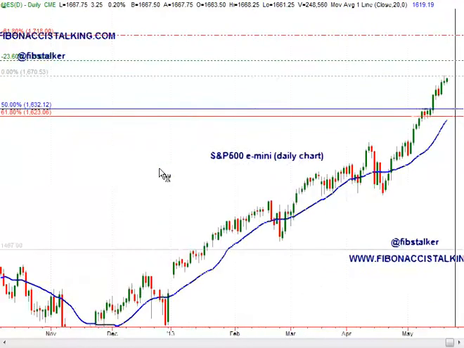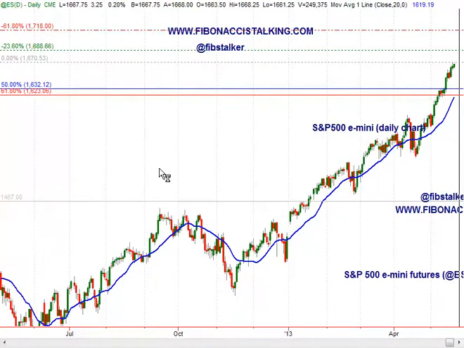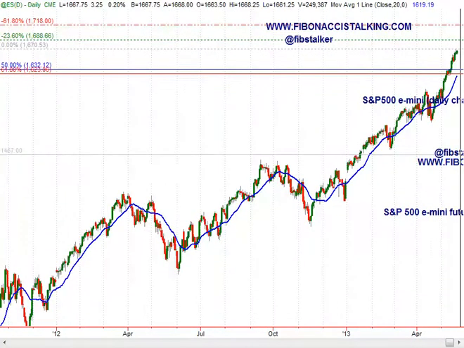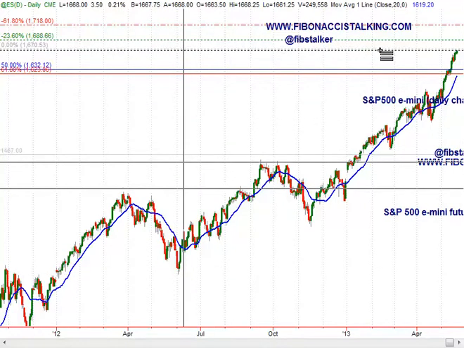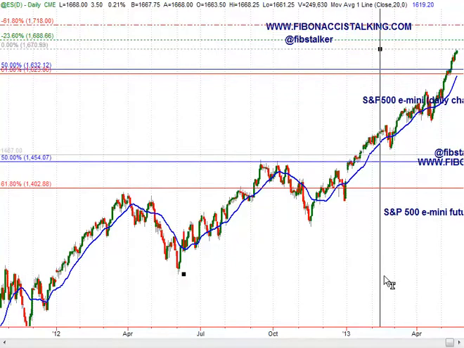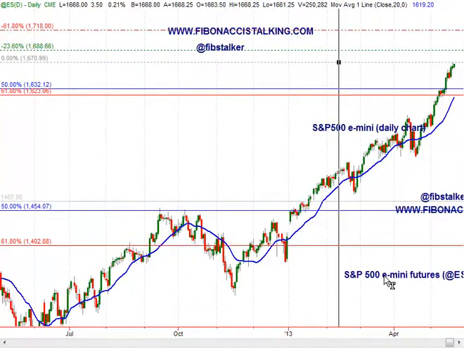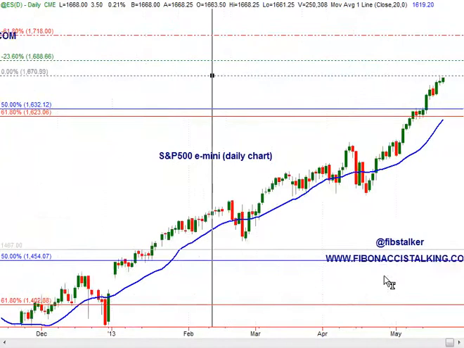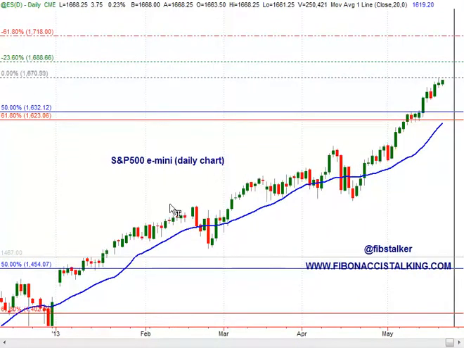Of course, if we move below 1623, then we have to expect something larger to come, and that would be to trace a new support from lows to highs here, and this could come in the 1454 level. So I think price will reverse if we get to 1632 here, and we will see more buying, bringing price back into this 1670.